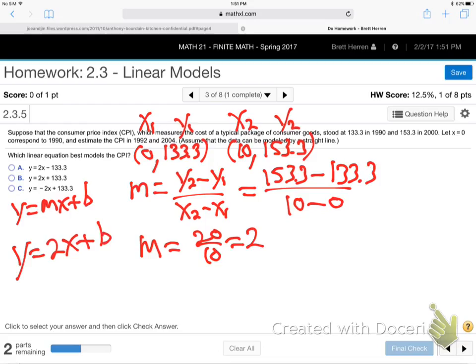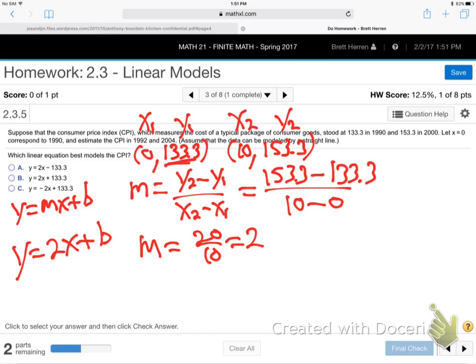Now, how do we come up with the b? Yeah, good observation, it should drop out on its own. If you remember from your algebra, this is the b, that 133.3.